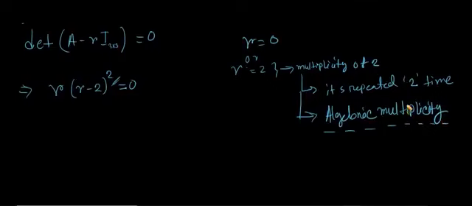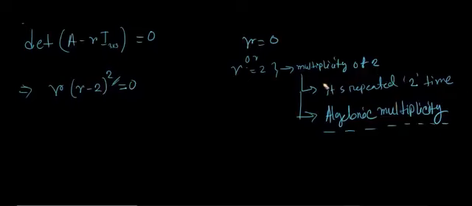And there is also a thing called a geometric multiplicity. That means how many eigenvectors are associated with the eigenvalue. In general, it's 1. That is, if your eigenvalues are distinct, then each of the eigenvalues has an associated eigenvector.